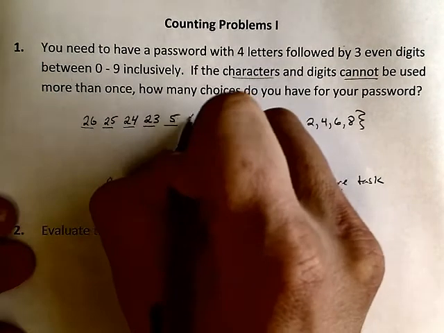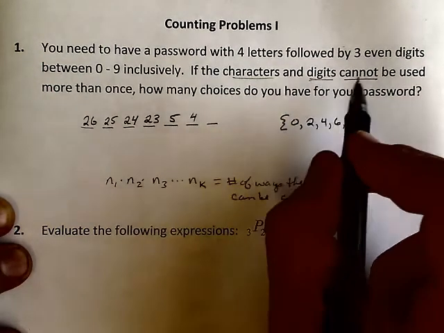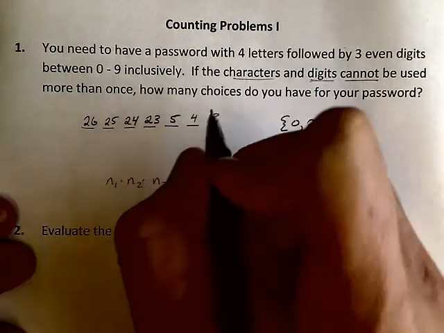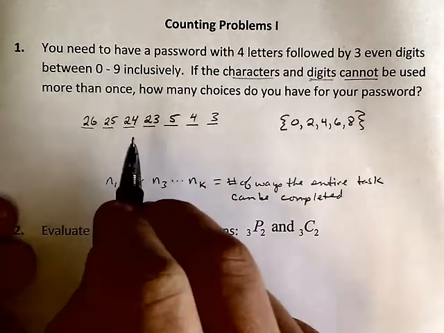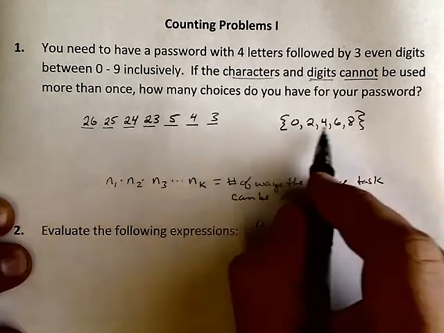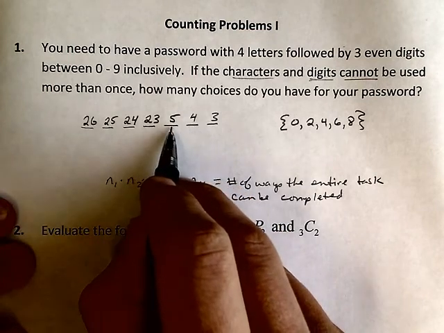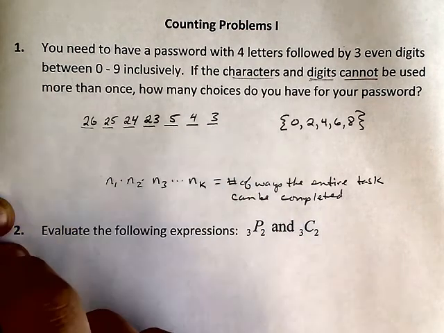And now there's 4 ways I can have an even digit here, again because digits as well cannot be repeated. And then lastly, there's 3 ways that I can have an even digit here, right? Because starting off I had 5 total even digits, 4 because 1 was used for this character and 3 because 2 are used for this character and this character.